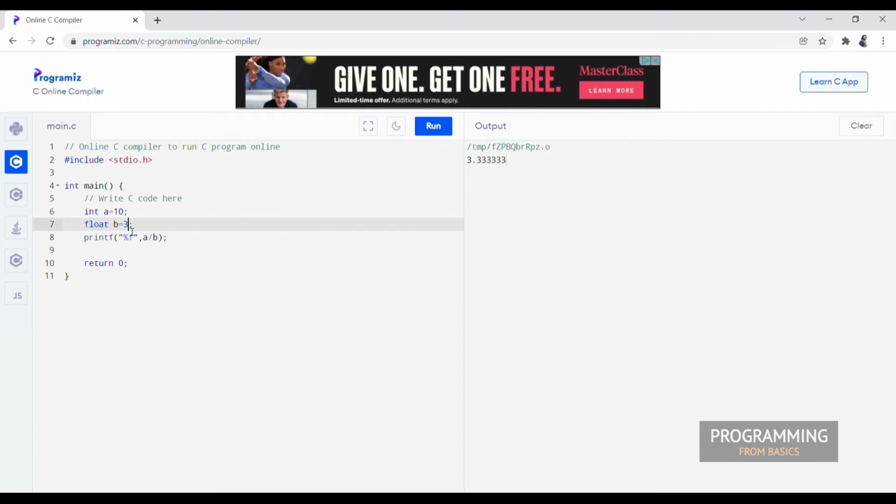Suppose instead of 3, if I use 2 and see the output, I'll be getting 5.00. So always, while dividing two numbers in C language, I suggest you use float instead of int for the denominator, and while printing you need to use %f instead of %d.